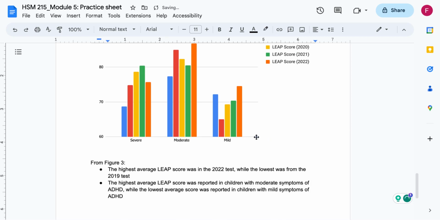So we can see that this lowest is from this.